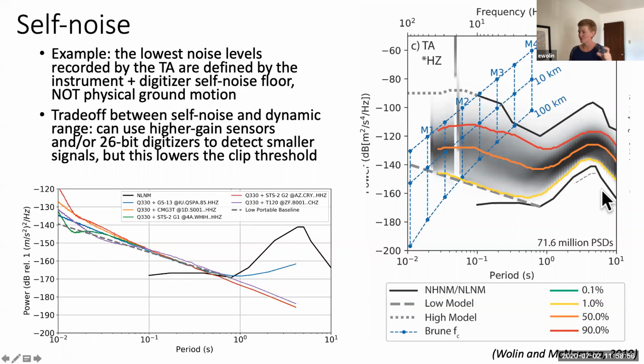They will clip sooner or exceed that system's dynamic range sooner than the instrumentation chosen in the TA. In the case of TA, they wanted to make sure that they could record local events as well. So they chose a different combination of instrumentation than you would use for, say, test ban treaty monitoring, where you want to detect very small distant signals.